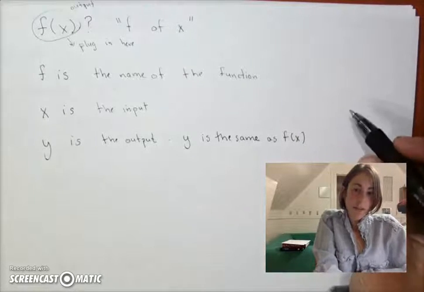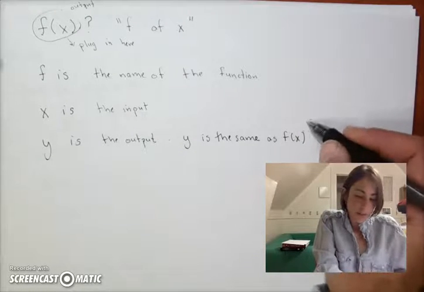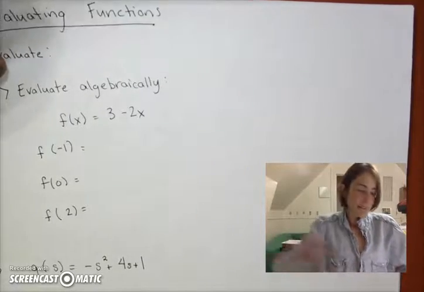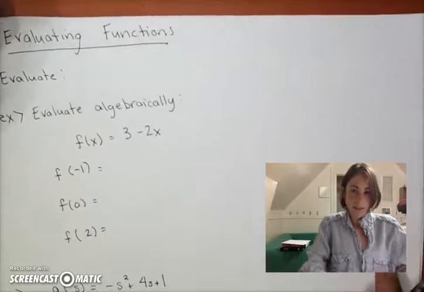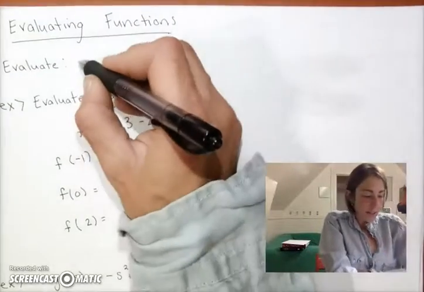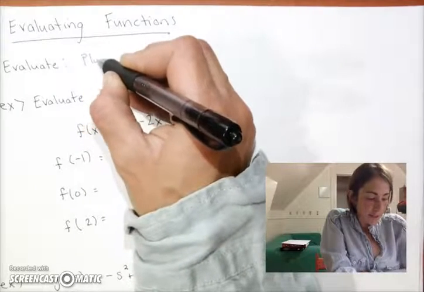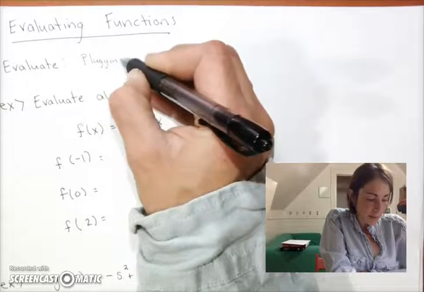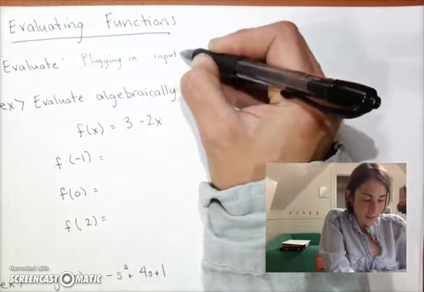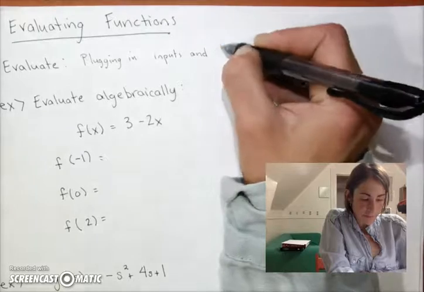So when we're evaluating functions, what we're really doing is plugging in values for x. So this is our goal for this video, to understand what it means to evaluate a function. And the idea is that we're plugging in inputs and finding the output.